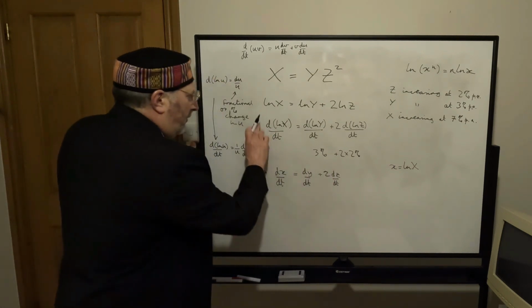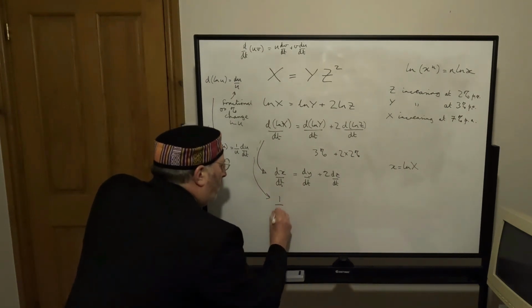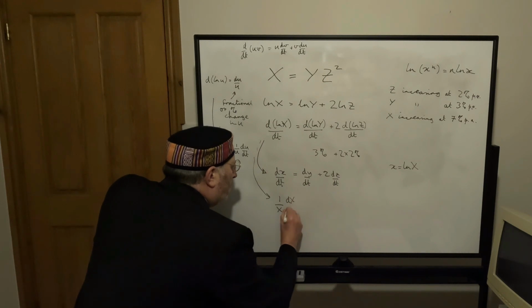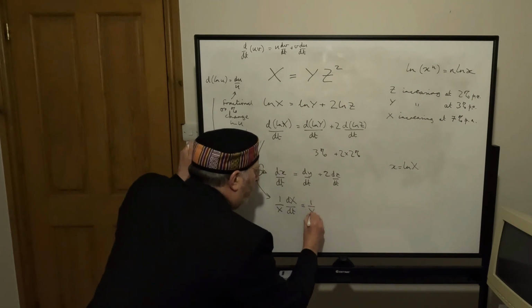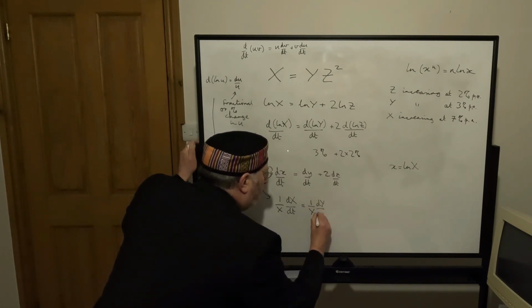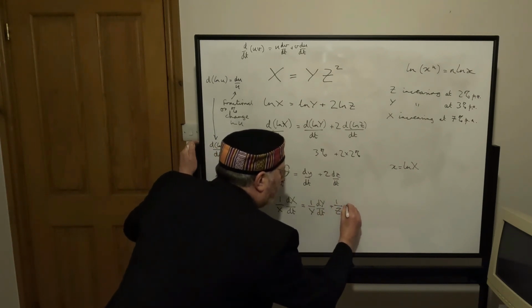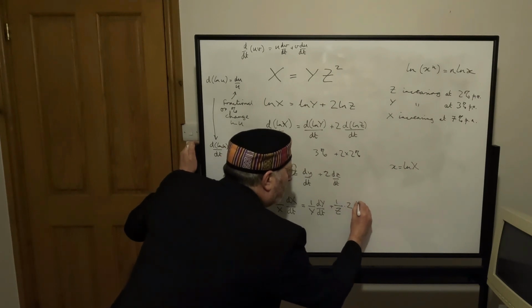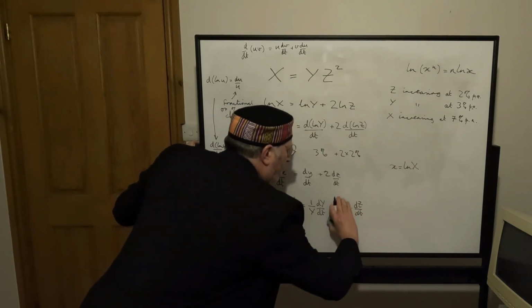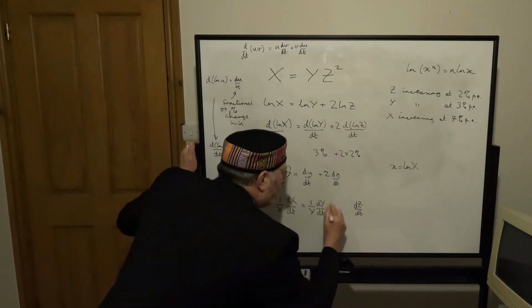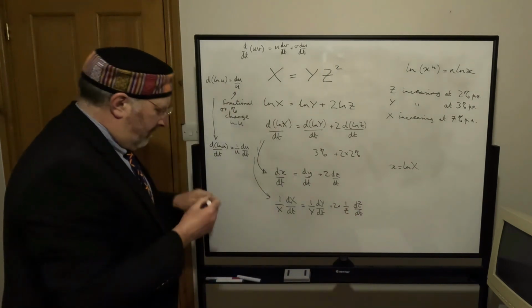So this equation could also be written as 1 over x dx by dt equals 1 over y dy by dt plus 2 times 1 over z dz by dt.